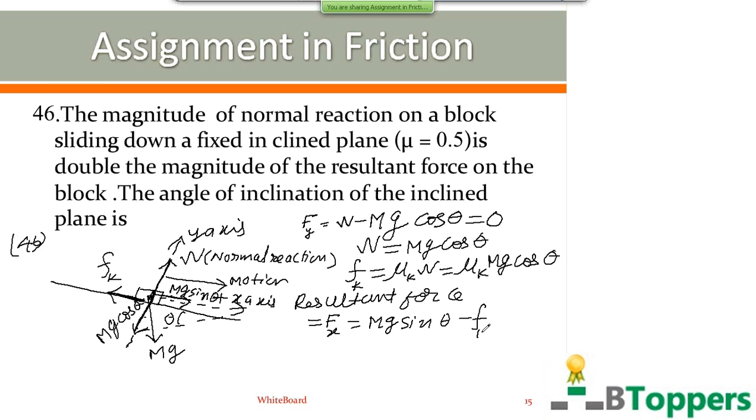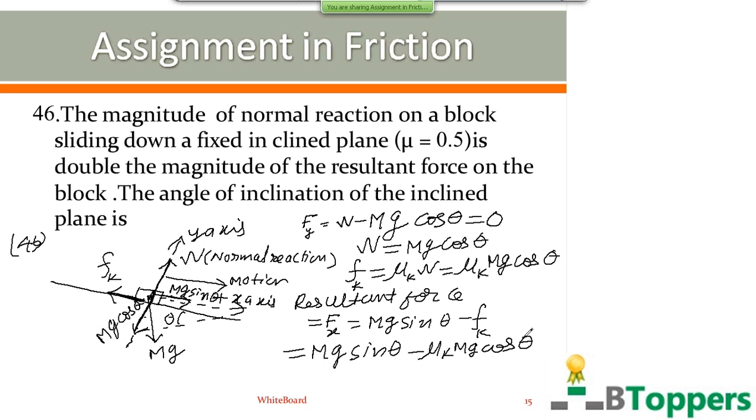Fk represents the magnitude of kinetic friction, which acts opposite to the direction of motion, in the negative direction of the x-axis. So the magnitude of the resultant force along the x direction is mg sin theta minus Fk. You can substitute Fk equal to mu k into mg cos theta. Next you can take mg common outside.